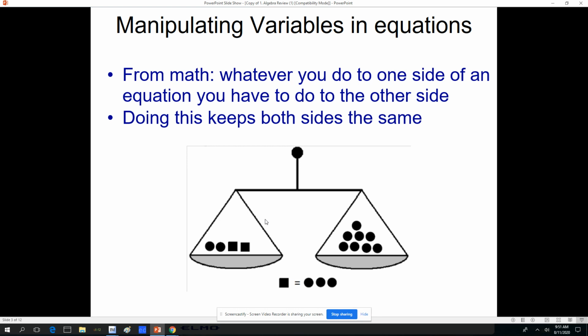What I do to one side of the balance, if I do the same thing to the other side of the balance, it stays equal. And that's the relationship between those variables. That relationship is a model of physical quantities and physical theory that we have looked at in the universe. By maintaining that equals, we can keep that relationship in the formula, even if we're moving the variables around.